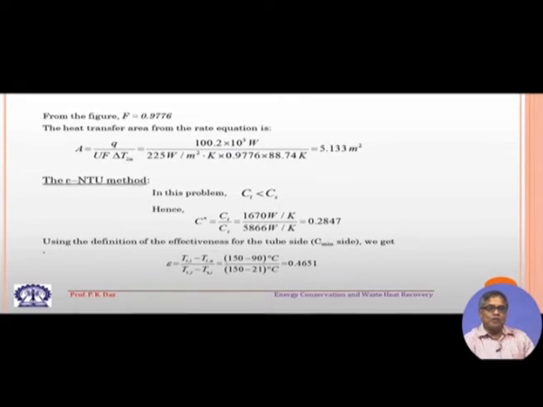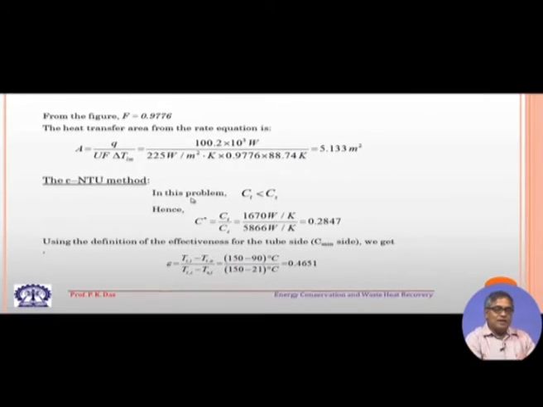Probably one has to go beyond that and see the mechanical strength of the heat exchanger, what kind of shell diameter you will provide, what kind of heat exchanger head, and what kind of tube sheet you are going to provide. But as I have told, this is not within the scope of this particular course.